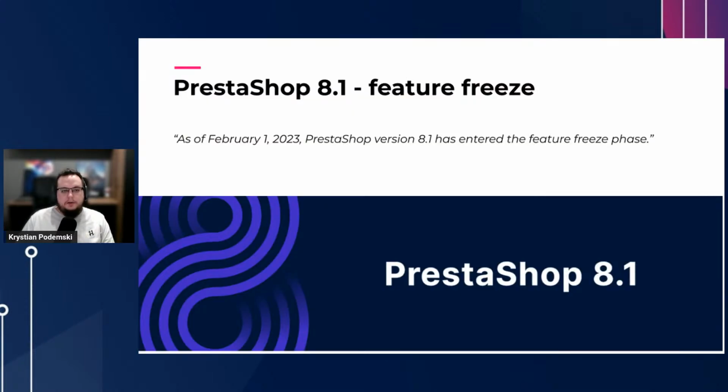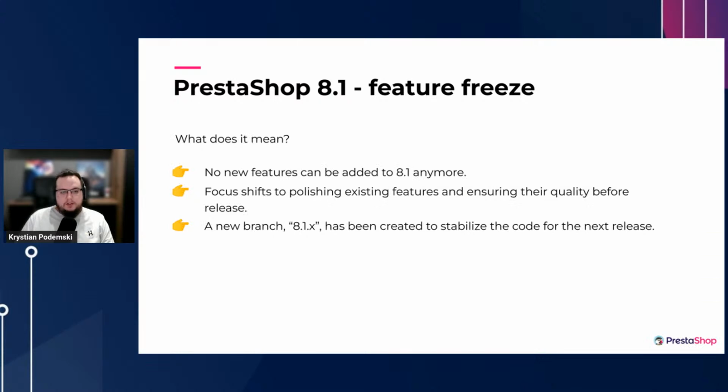The only news I have to share with you today is about PrestaShop 8.1, but it's quite big news. As of February 1st, PrestaShop version 8.1 has entered the feature freeze phase. What does it mean exactly? It means that the work on PrestaShop 8.1 still continues, but there will be no new features added to 8.1 anymore. The project is now frozen. There's no additional code added that is related to new features.